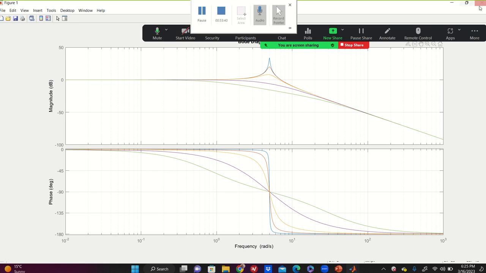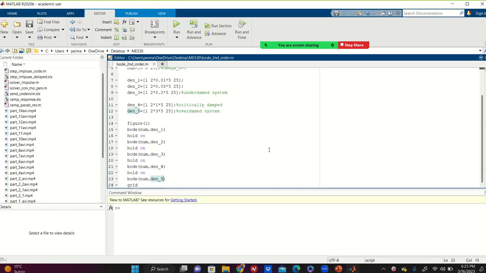Yes? Yes, sir. Now let me, for God's sake, plot a third order system because I want to make a point. A third order system. Num 2, then 6, 1, 1, 3, 10.